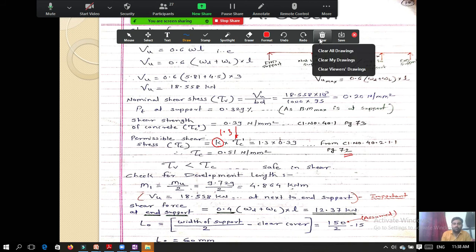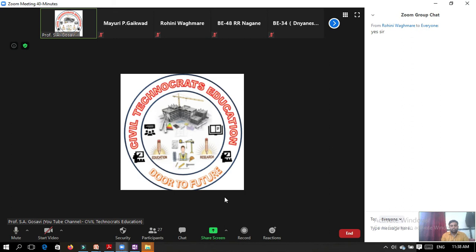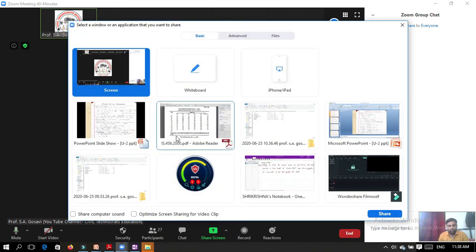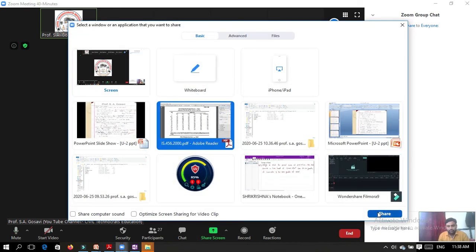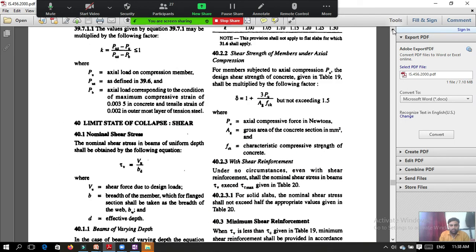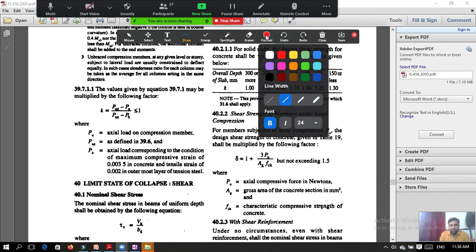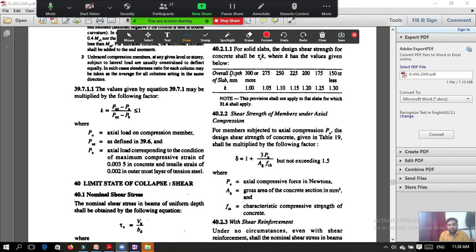Now if we go to page number 72 again in the IS code, so we will see page number 72. There is a small table. See, this is the table. Now in this table, overall depth of the slab is given over here and the value of k is there.